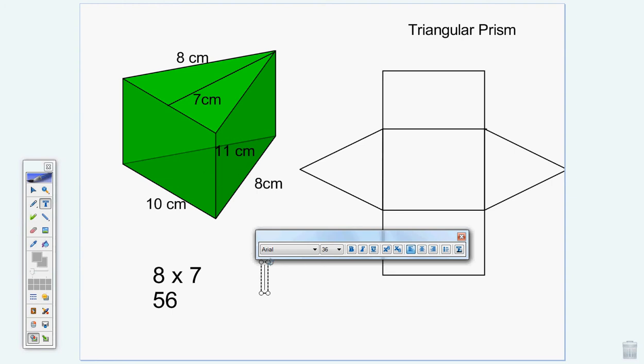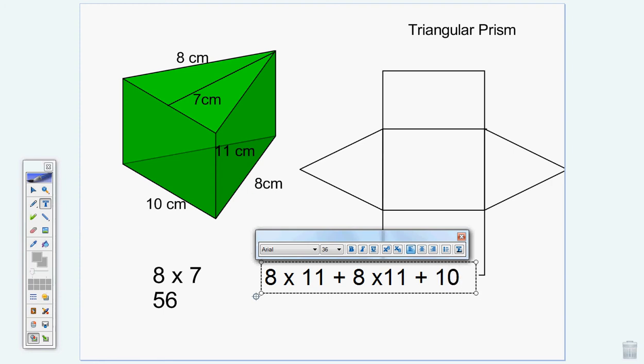So here I have a height of 11, so I'm going to use that 11 3 times. Kind of the front right there, I have an 8 by 11. Then I have an 8 by 11 on the back as well, since this is isosceles. And then I have a front one that is 10 by 11.